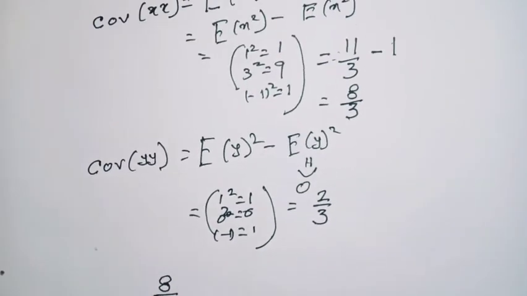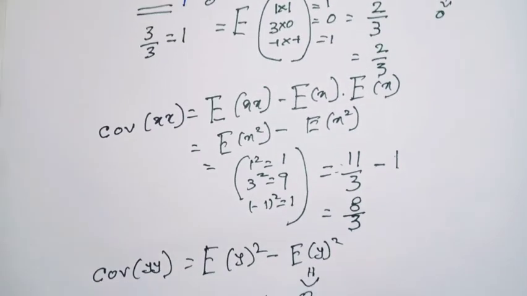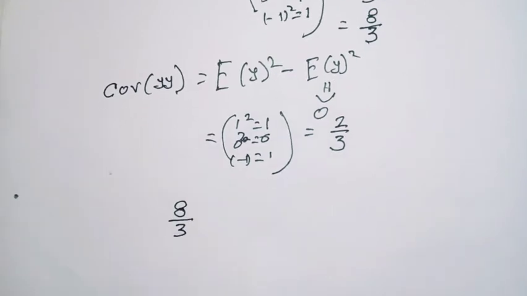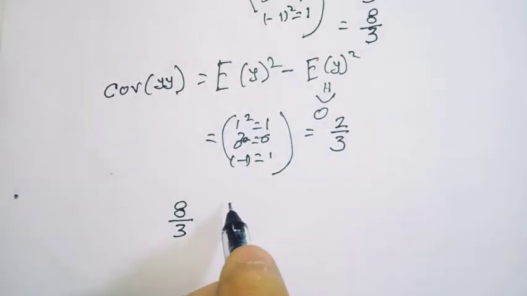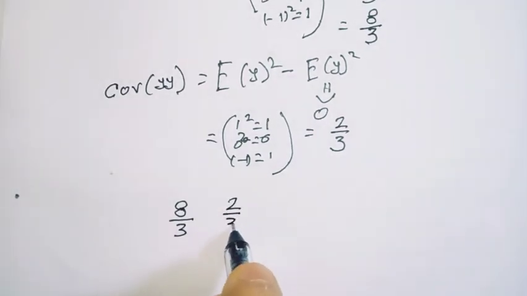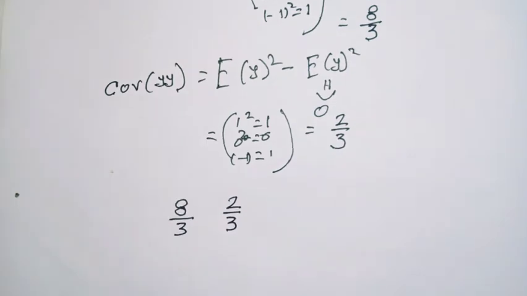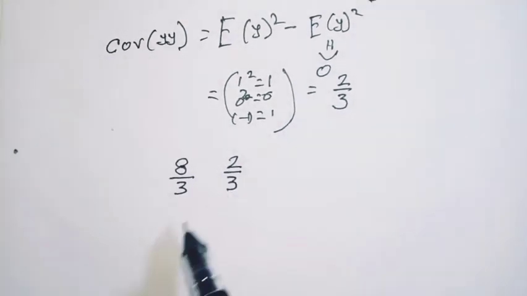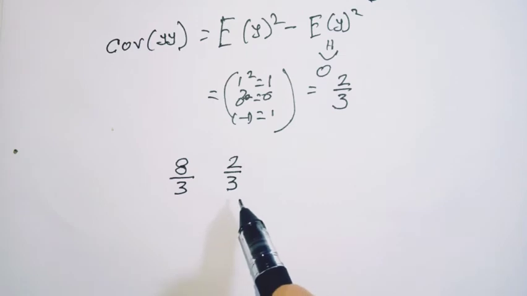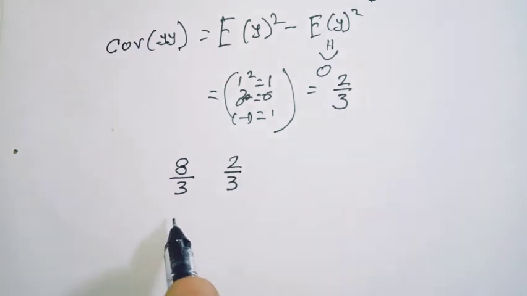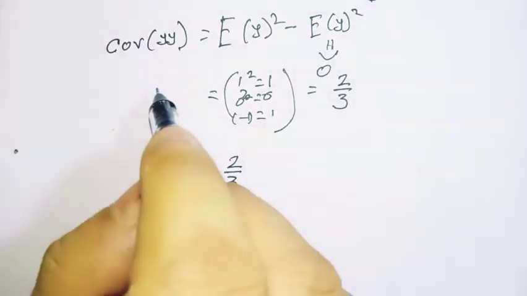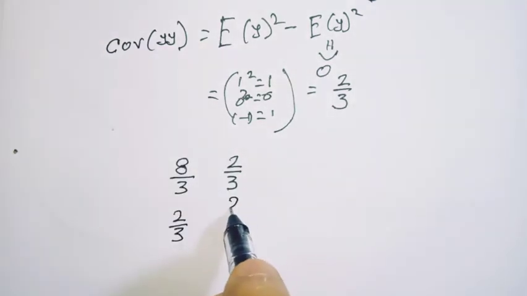Yeah, covariance of this is also 2 by 3. Right. So we put it as 2 by 3. Now obviously what is going to happen is that because it is a symmetric matrix, the next part is obviously going to be 2 by 3. We don't have to look for further calculations, and covariance of y and y is 2 by 3.